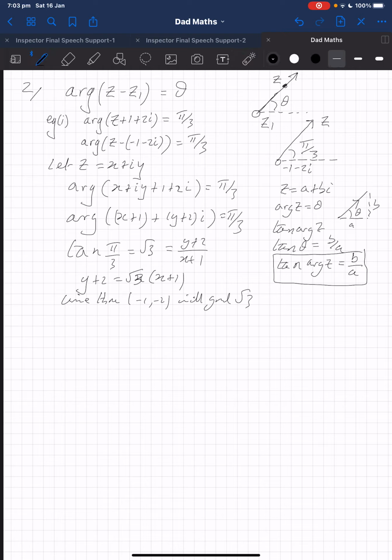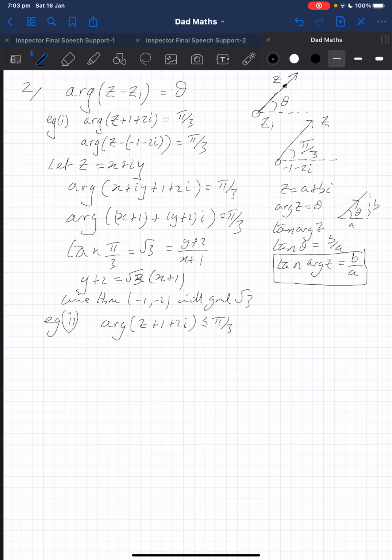So that's one question. Let's have a go at another question, where we have an inequality: the argument of z plus 1 plus 2i, instead of being equal to pi over 3, is less than or equal to pi over 3.